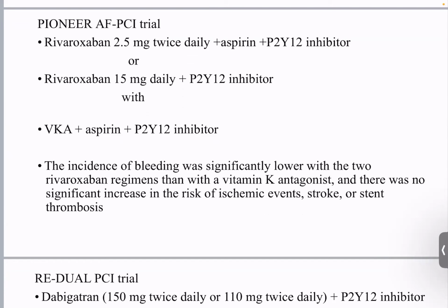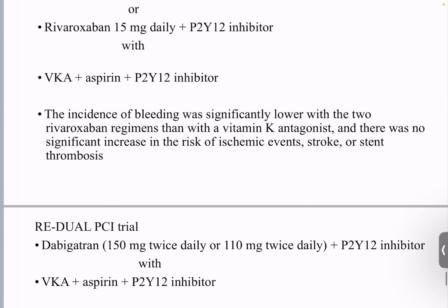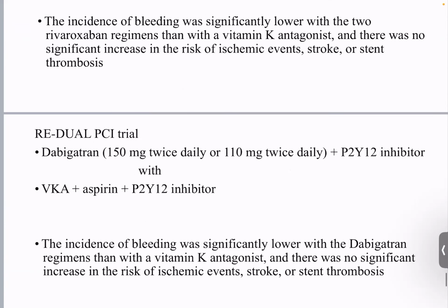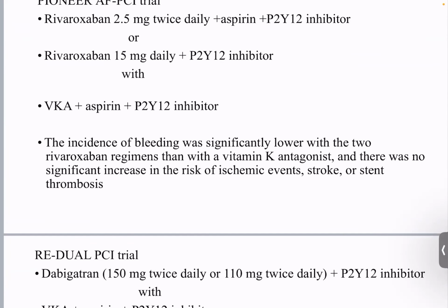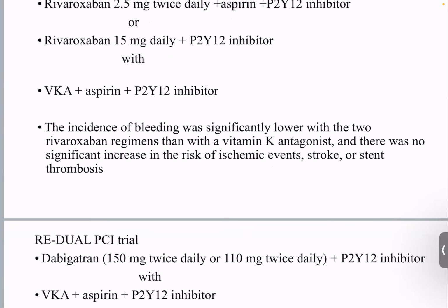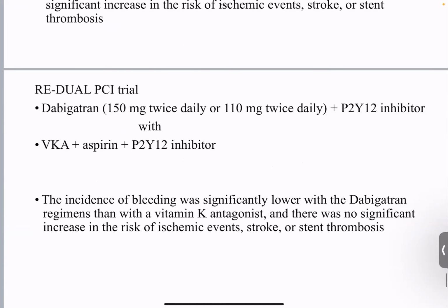It reduces the risk of stroke without causing major bleeding. So even trials were studied with single antiplatelet agents, like avoiding aspirin and trying only NOACs and P2Y12 inhibitors. So it showed superior results in many studies.